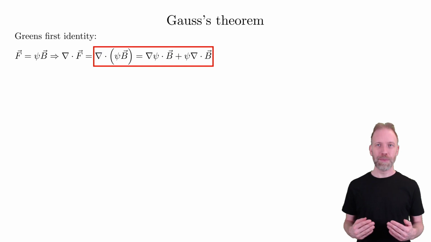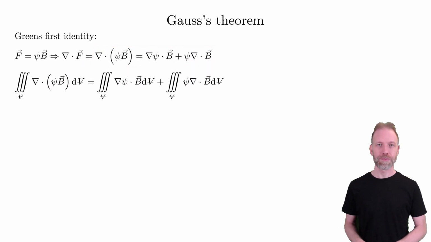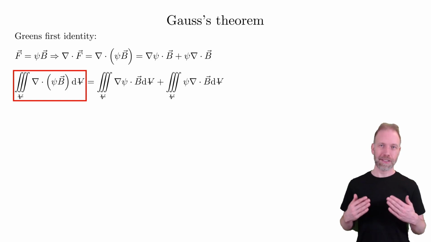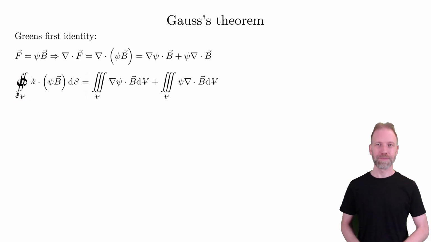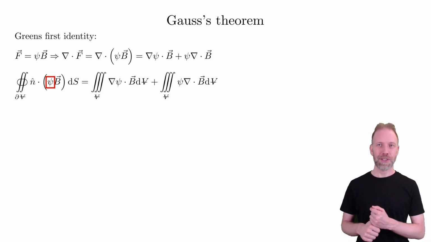Then we take the volume integral over both sides of this expression. As this part is the volume integral of a divergence, we can use Gauss' theorem and write it as a surface integral. As psi is a scalar, place it in front of the dot product.